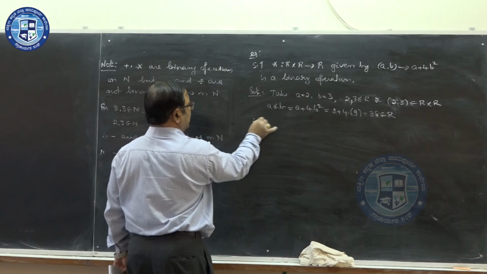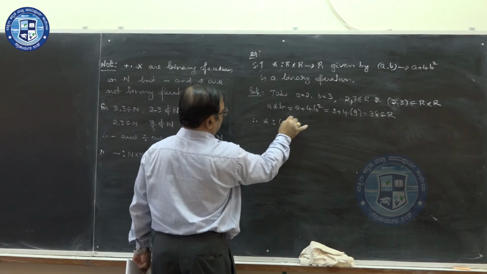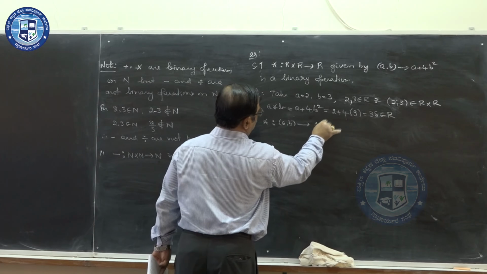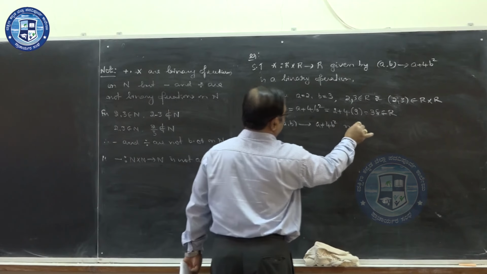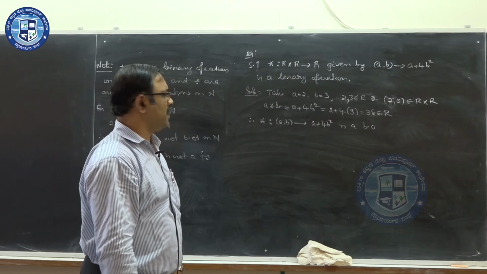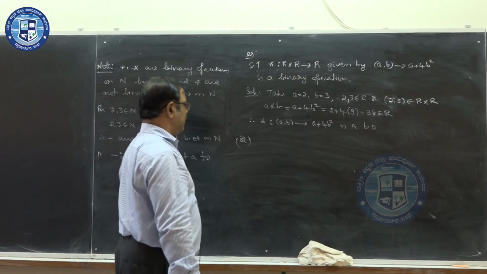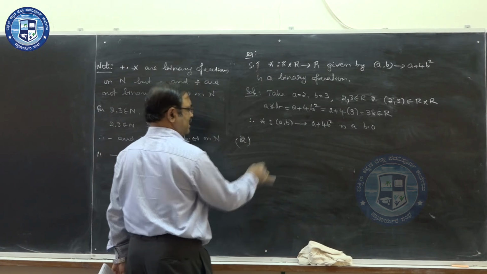Therefore, I am writing star from A comma B to A plus 4B square is a binary operation. Or I can also write like this.